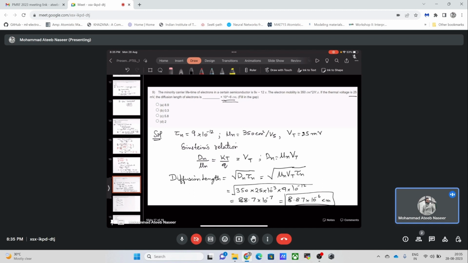So it's approximately 8.87, and option A is the closest that we should select, since it is approximately equal to 8.9.